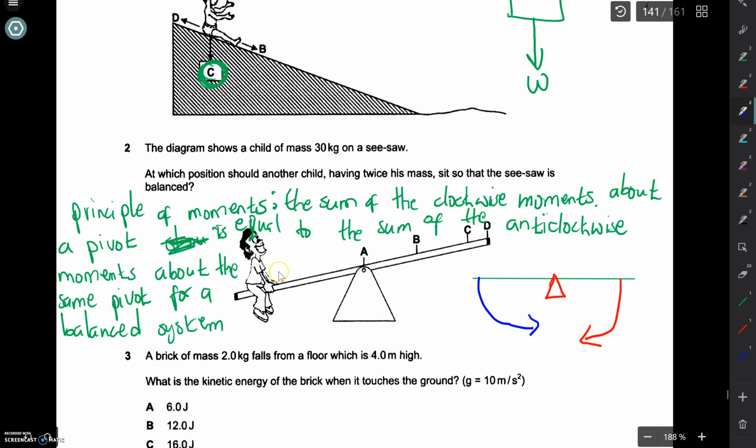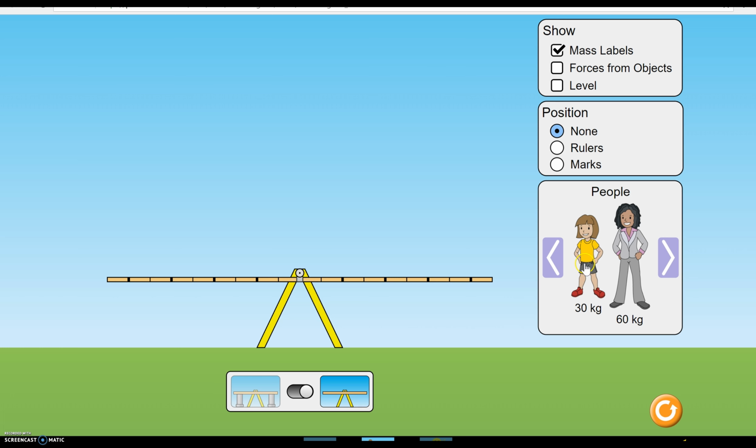So if this child has a mass of 30 kilograms and is sitting at this point, a child of mass 60 kilograms should sit closer to the pivot if the seesaw is to be balanced. This simulation will help to explain what I meant.